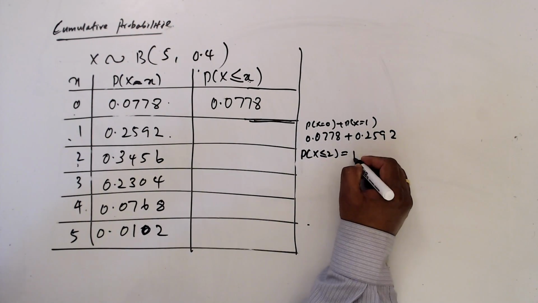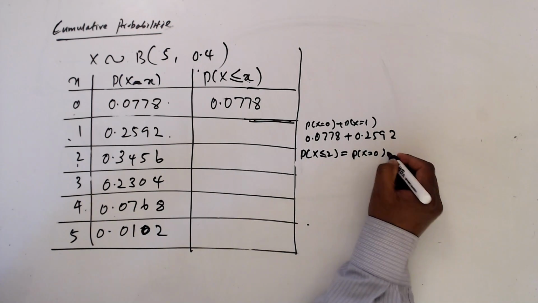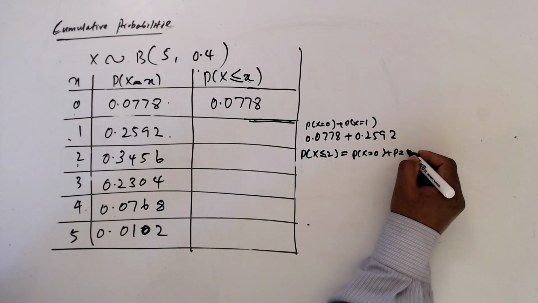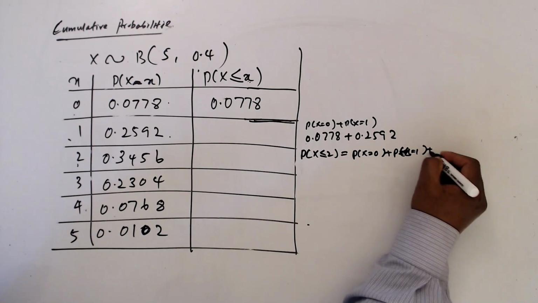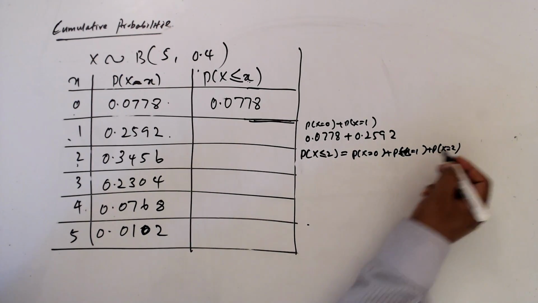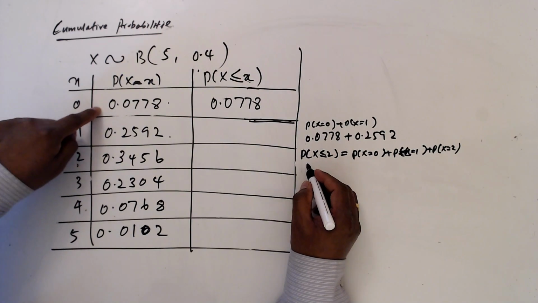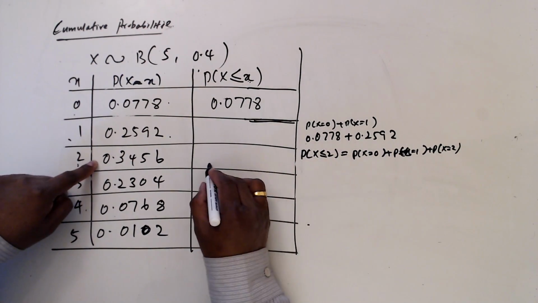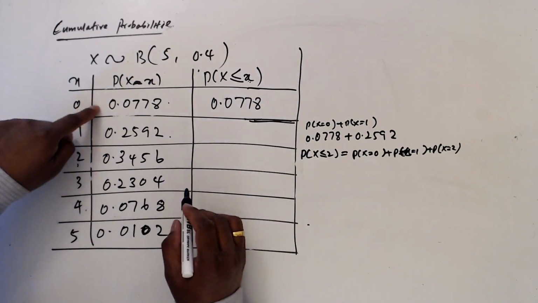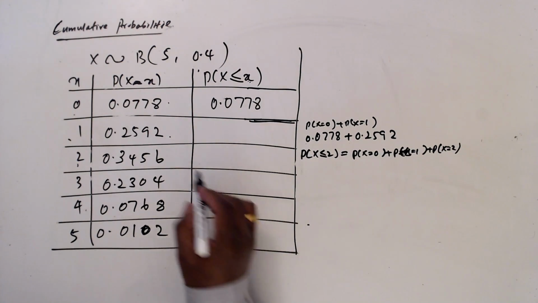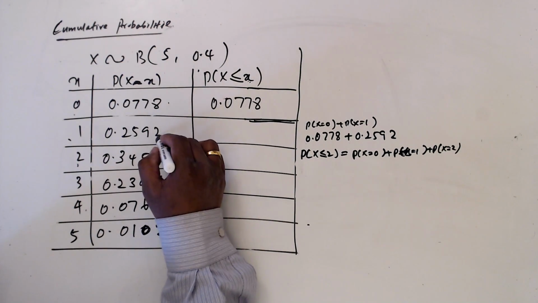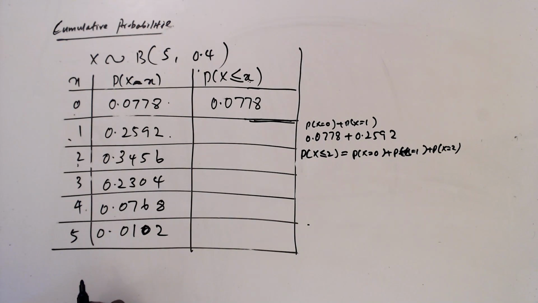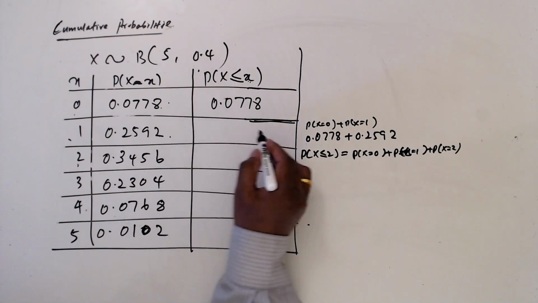It means probability of x equals 0 plus probability of x equal 1 plus probability of x equal 2. Then I have to add this one, and this one, and right here. So first of all, when I add those two, the answer is going to be 8 plus 2, 0.